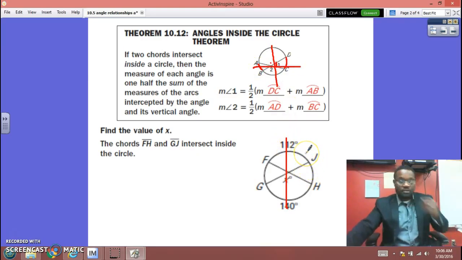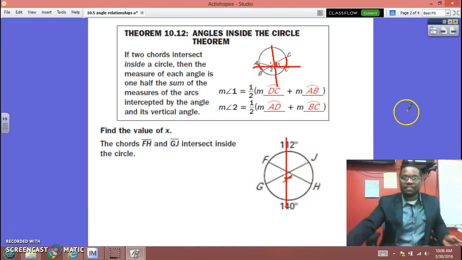So I'm going to add 112 plus 140 and you get 252. That's not the answer here. You have to then divide that by 2 or multiply by 1/2. That's the same thing. So the value of x in this problem, or the angle, should be 126 degrees.